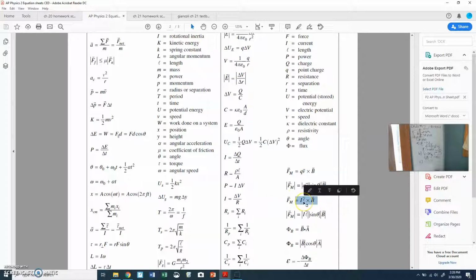Current, length, and field strength. So I've got my field strength, my current, and my length. 0.006 times 0.3 times 0.35 should give me my newtons. So my force to keep it constant is 0.00064 newtons.